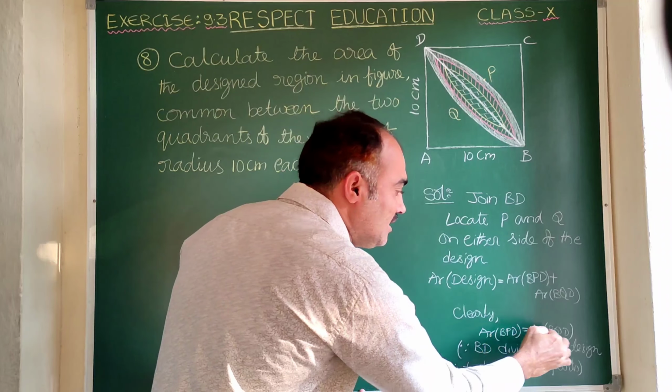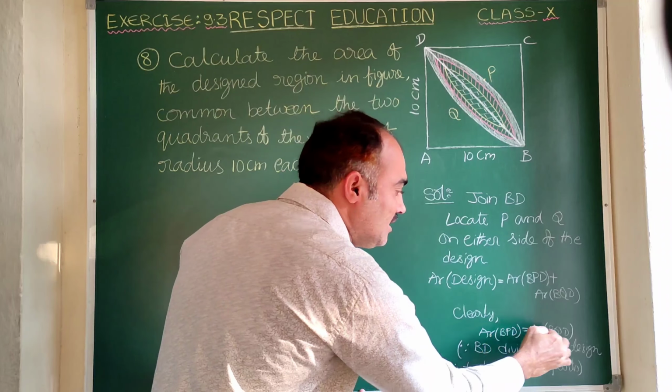Since these two are equal, if we are able to find the area of design BPD, then that will be the same for design BQD. Or in other words, if you multiply the area of this design by 2, we will get the required design.